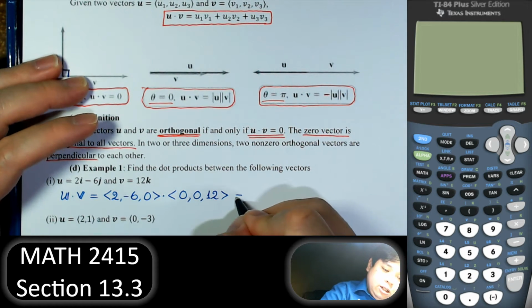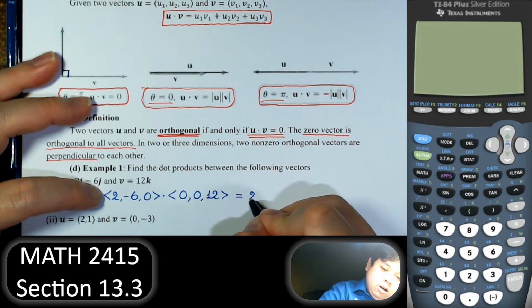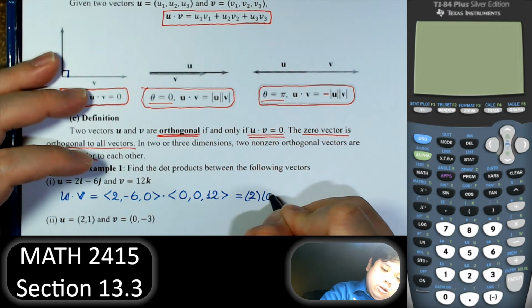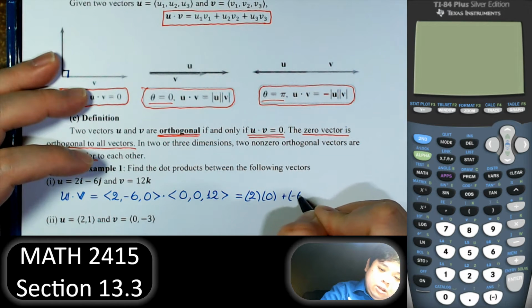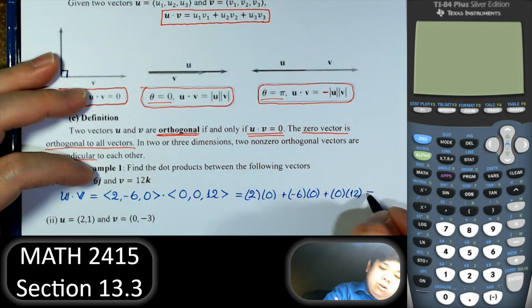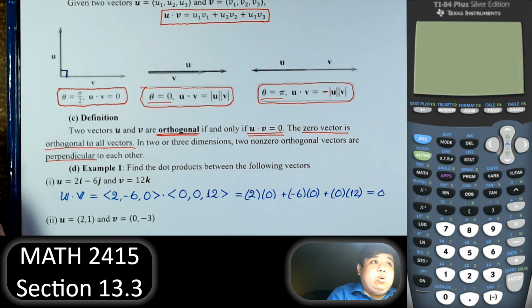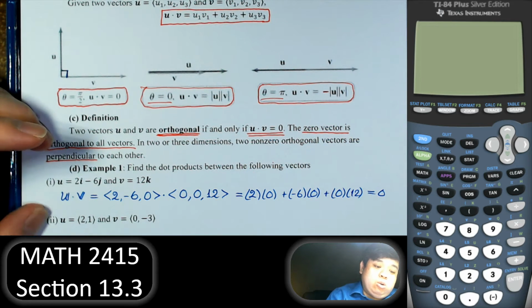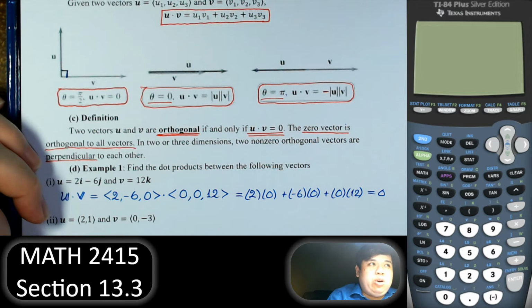So the dot product, the sum of the products of the components, is 2 times 0 plus negative 6 times 0 plus 0 times 12. All of that is 0. So because the product is equal to 0, we say they are orthogonal to each other. Right, so simple enough.